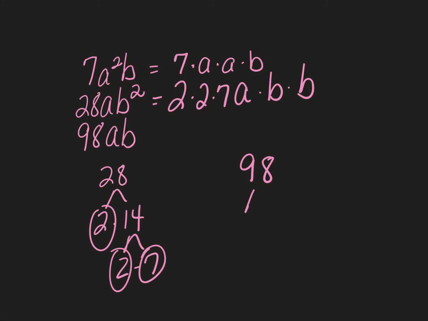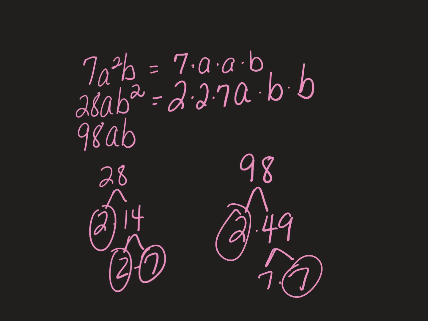All right, so 2 times 49 are the two numbers you can start with. And then 49 is 7 times 7. So that's your prime factors. So 2 times 7 times 7 times a times b.